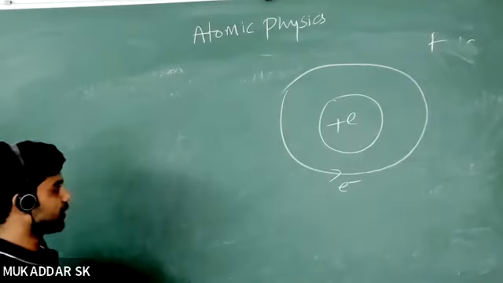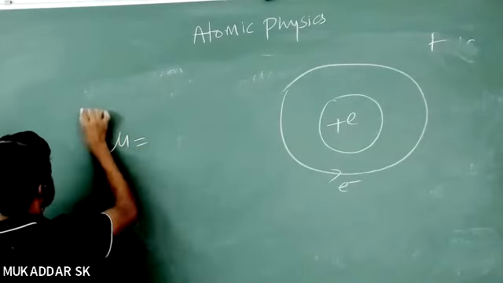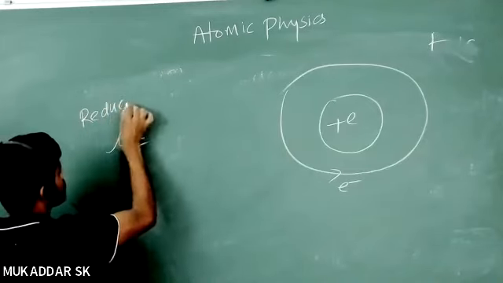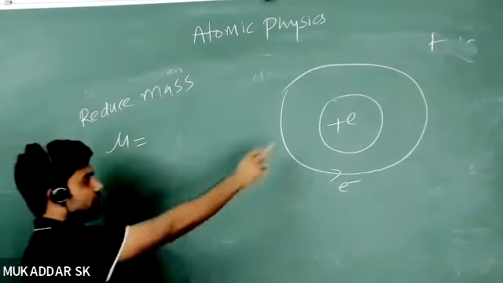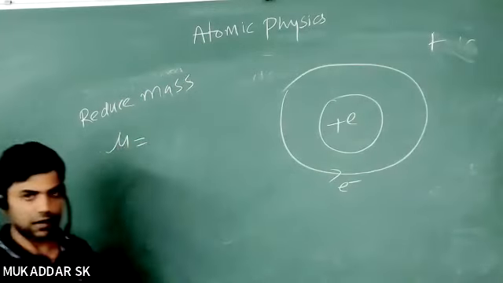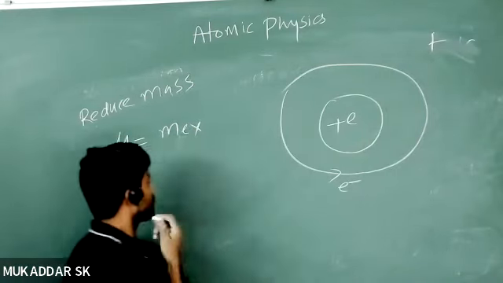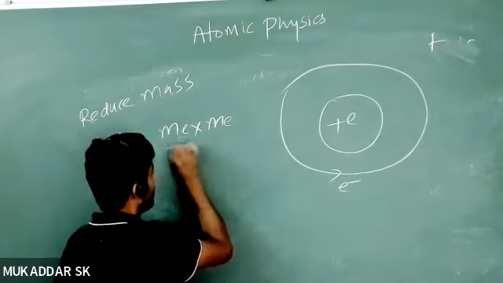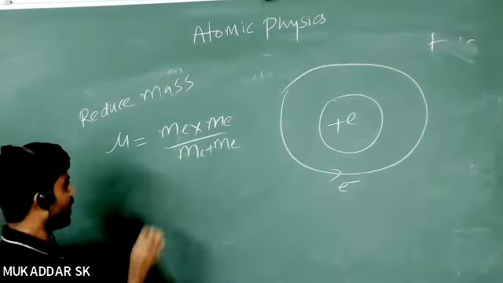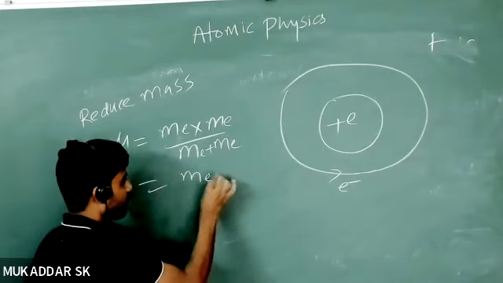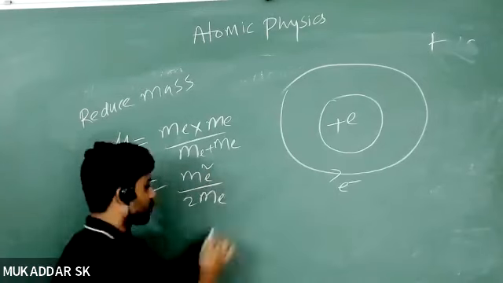So let us calculate the reduced mass of that system first. The reduced mass will be: the positron has the same mass as the electron, so it is me times me divided by me plus me, which gives me square divided by 2 me, twice of me.